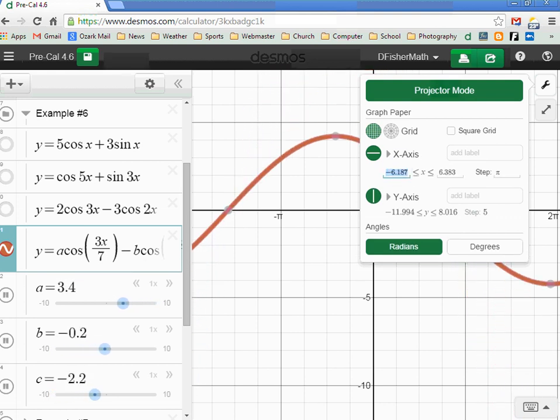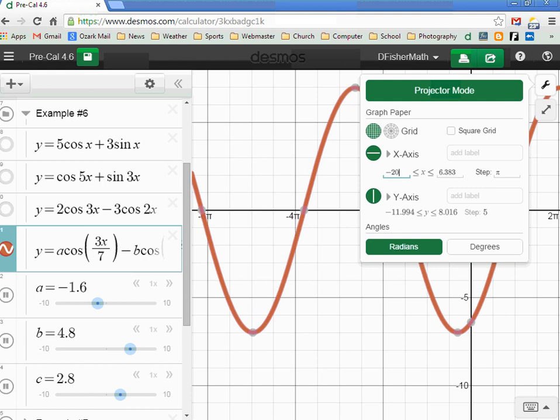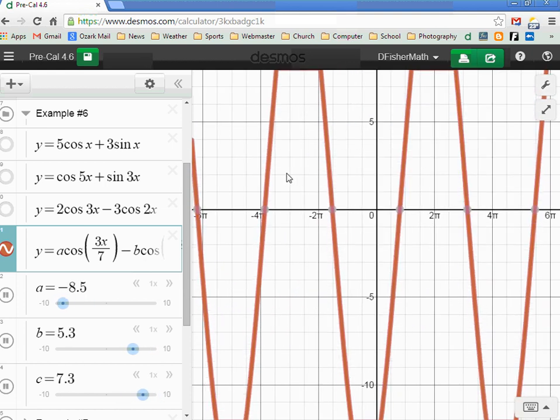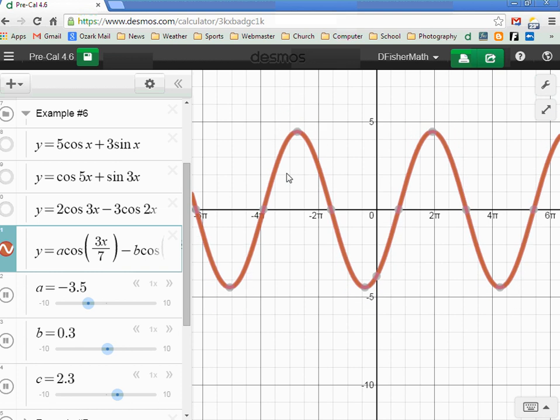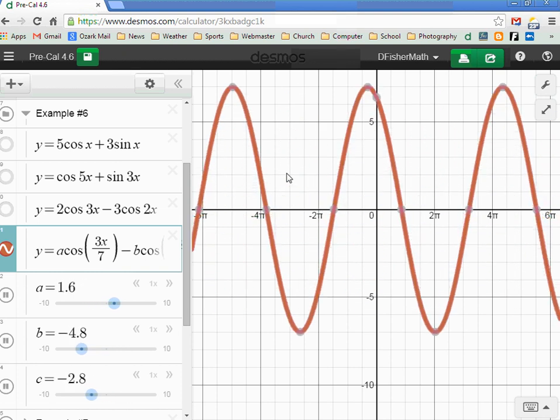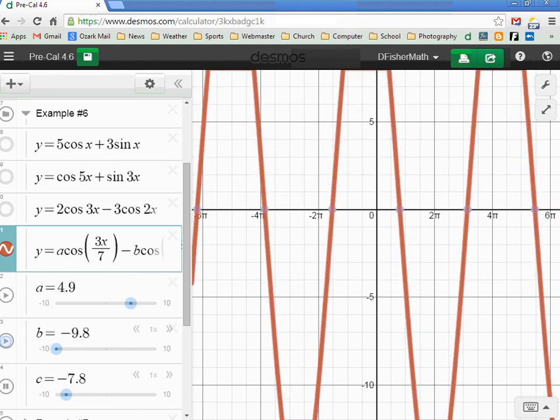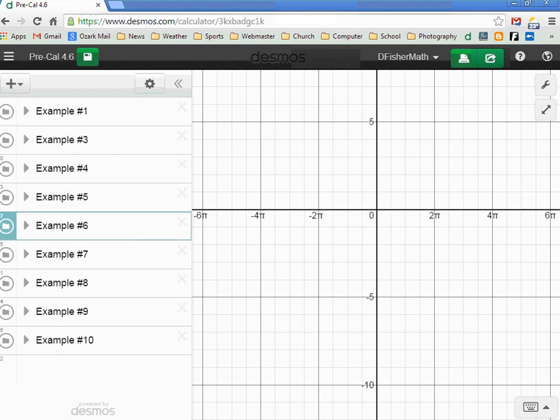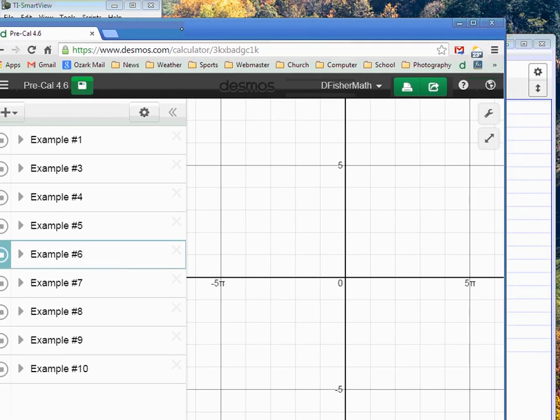So let's just make my window a little bit bigger. Negative 20 to 20. Now you can see a little more of it. And as it comes around, yeah, it's just a sinusoid of all different shapes. Or I should say, of all different sizes, not all different shapes. All right.